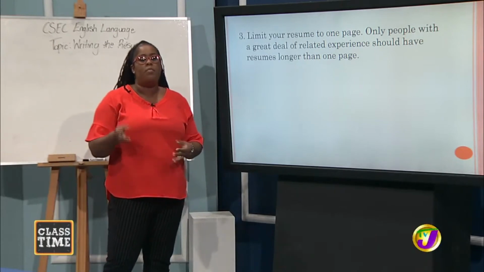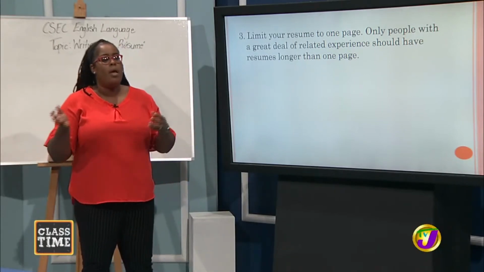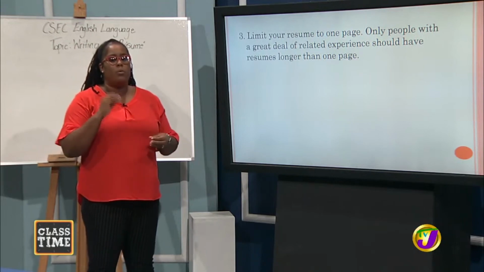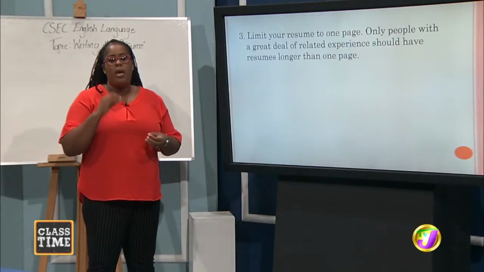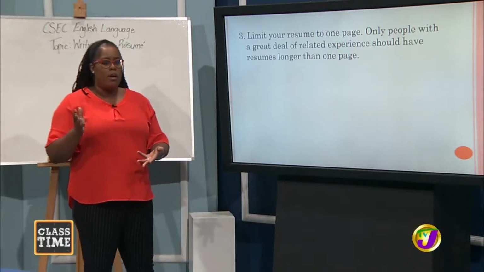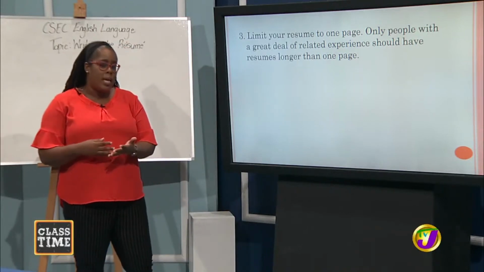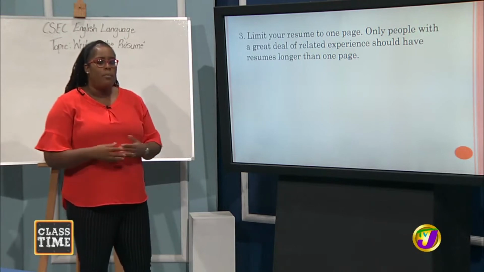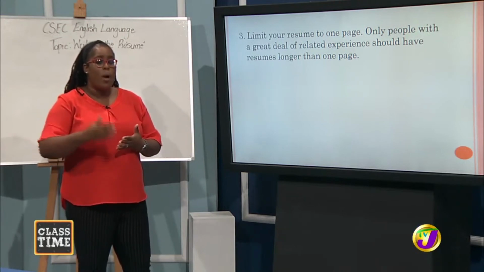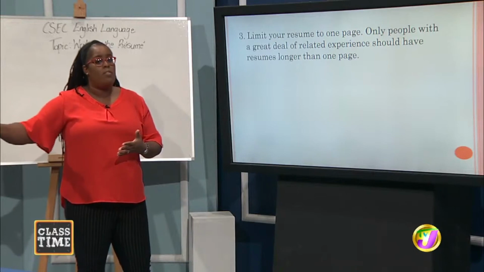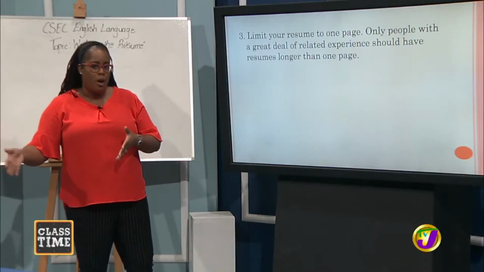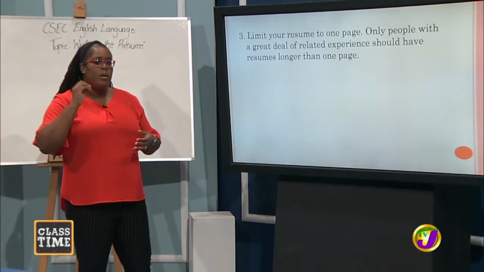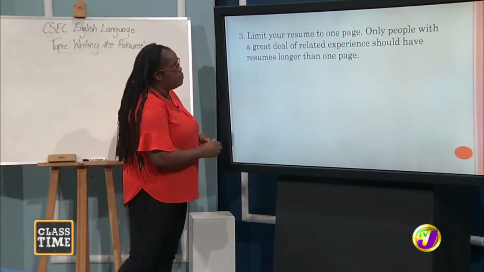But for someone like myself who has been working for quite some time, all my information would not be able to hold on 1 page, all right? But because you are new to the game, then 1 page would suffice. So as you gain your experience, your resume would move from 1 page to 2, all right? So remember, be concise.